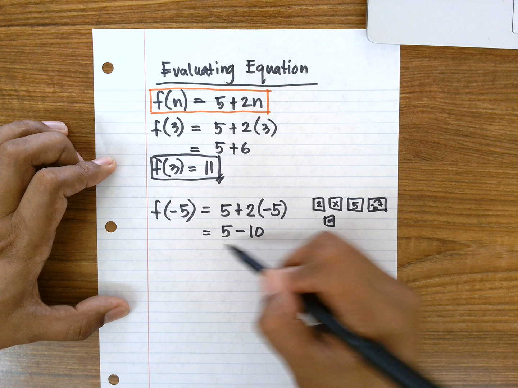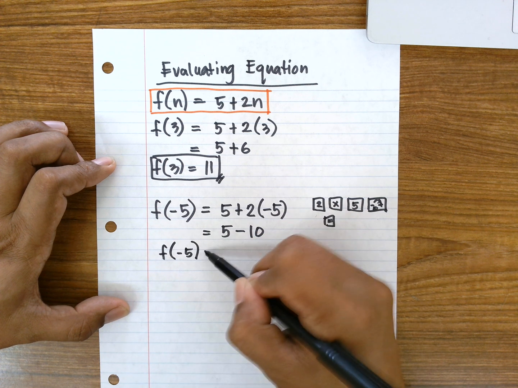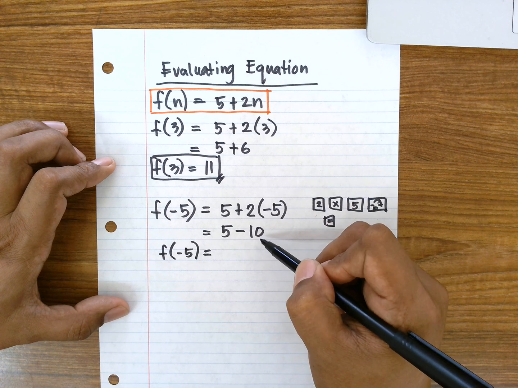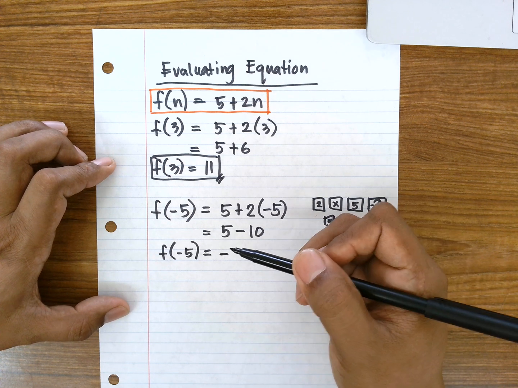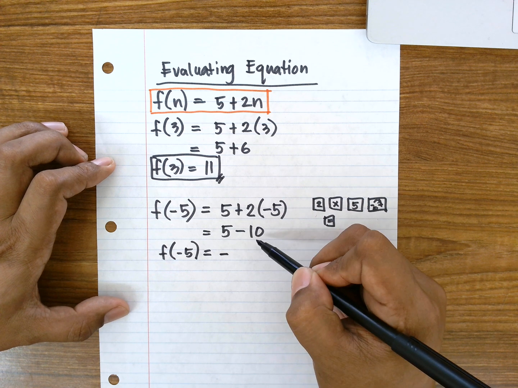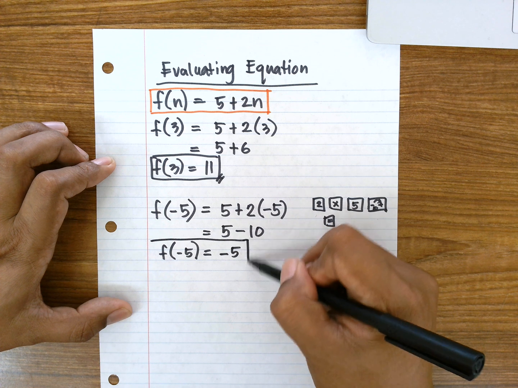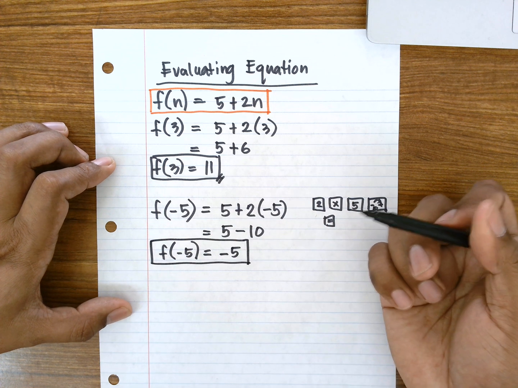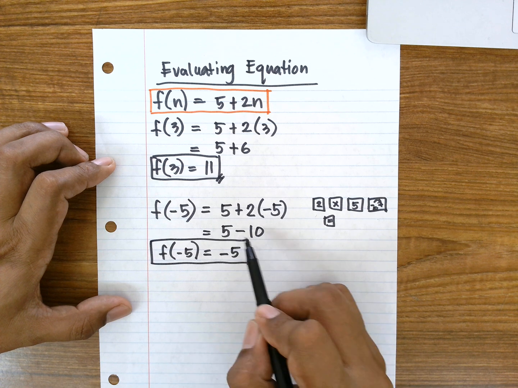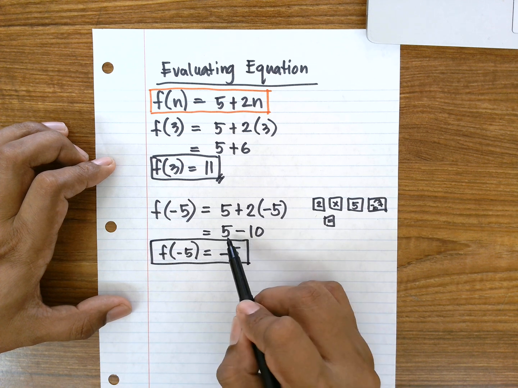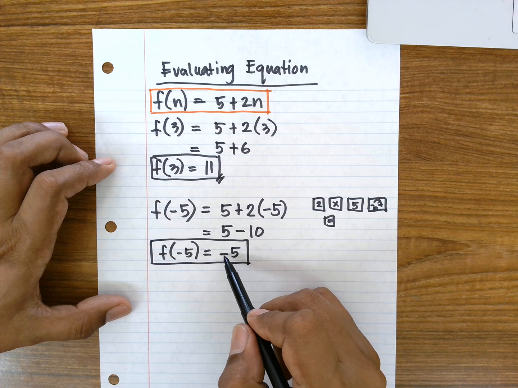Next, 5 minus 10, so we have f of negative 5 is equal to, since 10 is larger than 5, our answer here will be negative. So 5 minus 10 is negative 5. In subtraction, if we are subtracting a number which is larger than the given number, then our answer is negative.